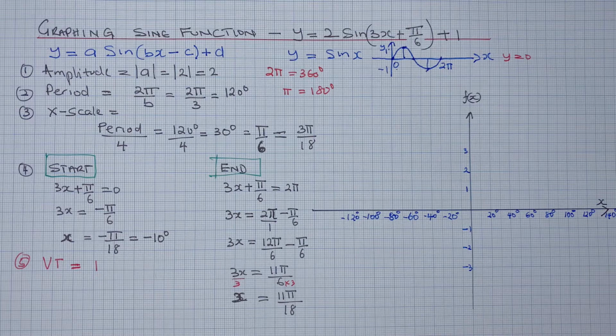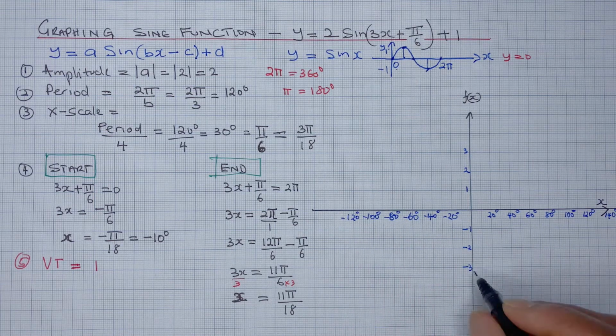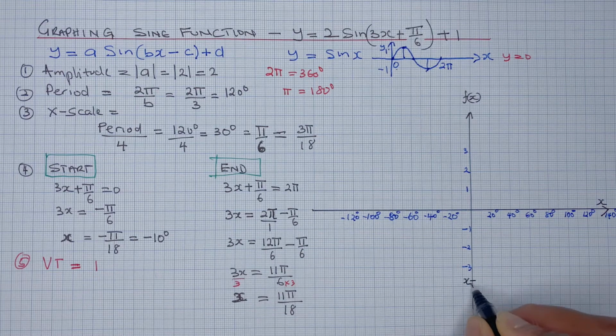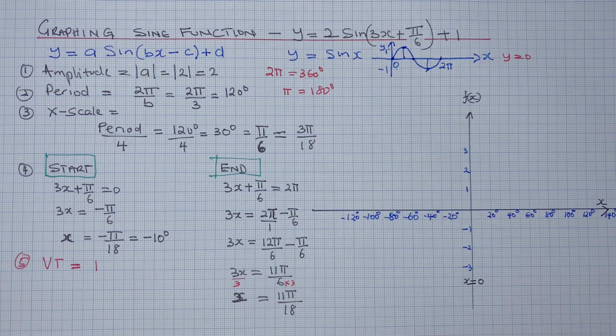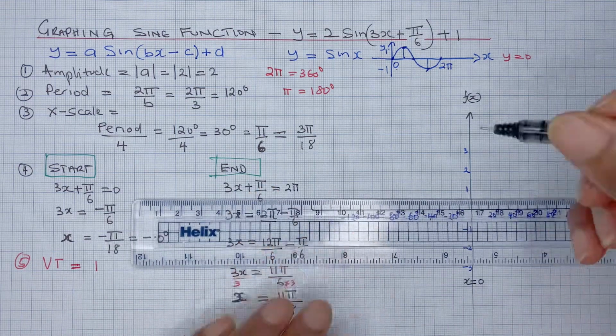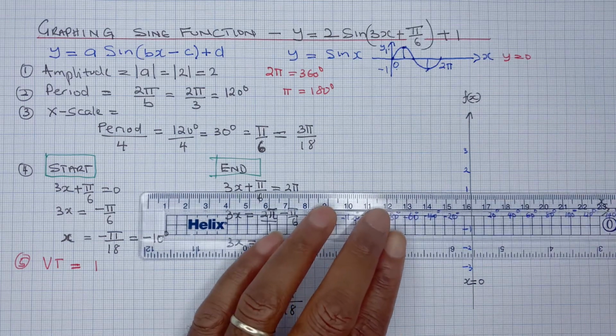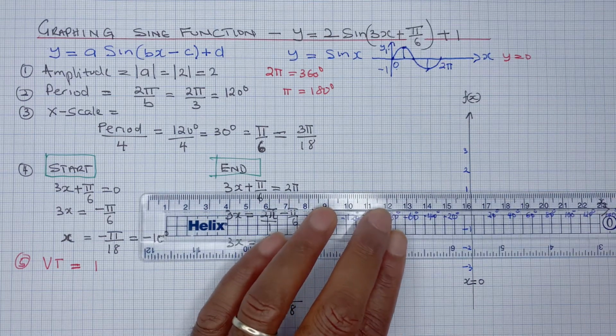The graph is going to start from not 0, because this is the x-axis here. This line is the x-axis. This is the line y equals 0, and this is a line that x equals 0. The graph is going to start from, because it's been raised by 1, y equals 1.